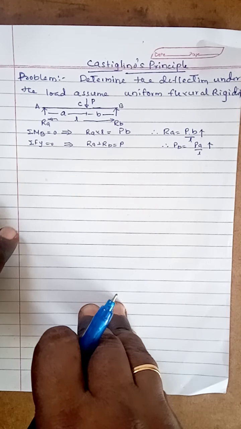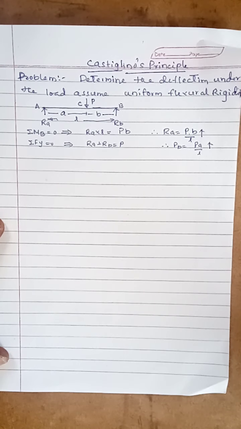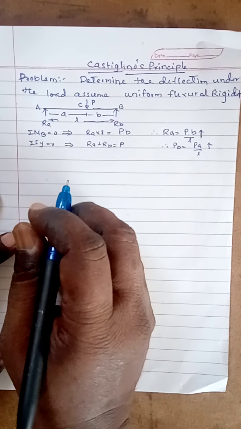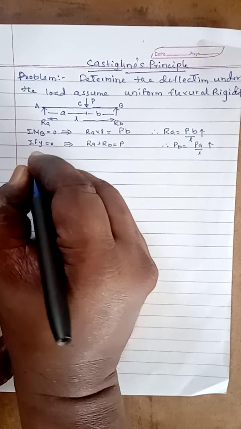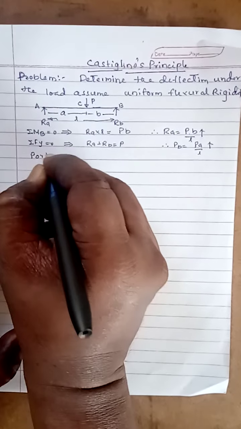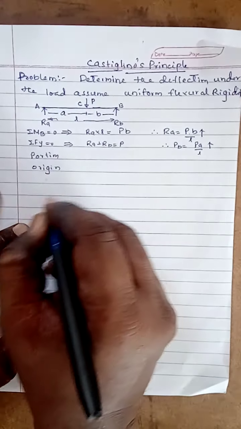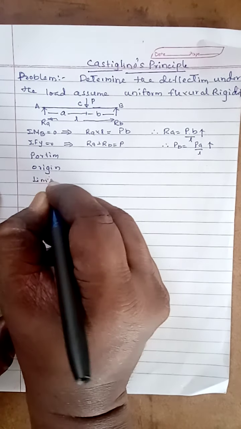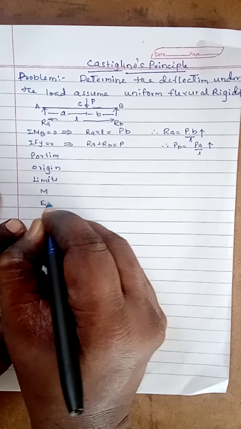Then we have to partially differentiate the strain energy with respect to the given load P. Then you will get the deflection in the direction of the force applied, that is at the point of application of that load. Then portion, origin, limits, M that is bending moment, then EI. There are two portions, one is AC, one is BC.